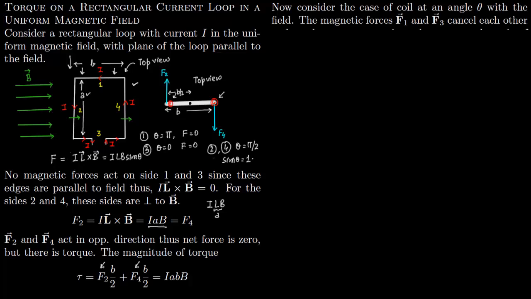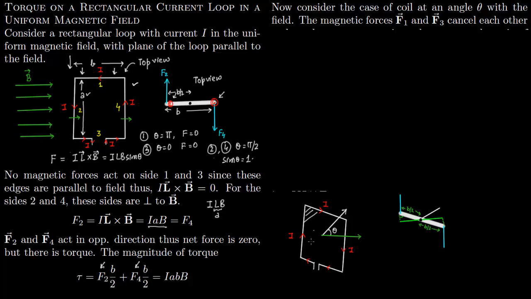Now consider case 2. The coil makes an angle theta with the field. So you take the coil, and you take its normal. This normal makes an angle theta with the field. The field here is in green.